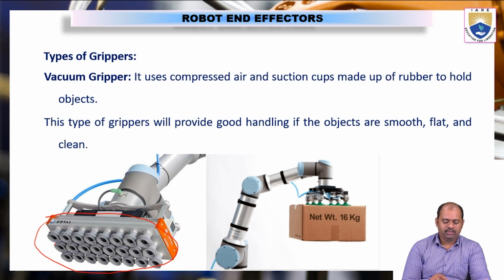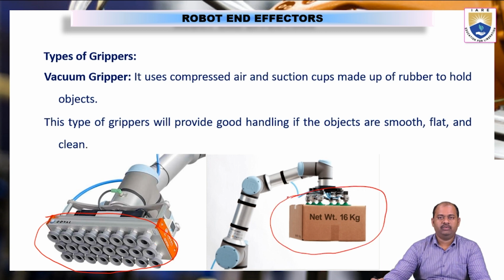So what happens is when these suction cups are placed on an object, here we can see a box which weighs about 16 kilograms. We have placed the robotic arm on the box and we have sucked the air from the suction cups using an air compressor. Then these suction cups, which are made of rubber, will hold the object very tightly so that the object can be easily lifted up.